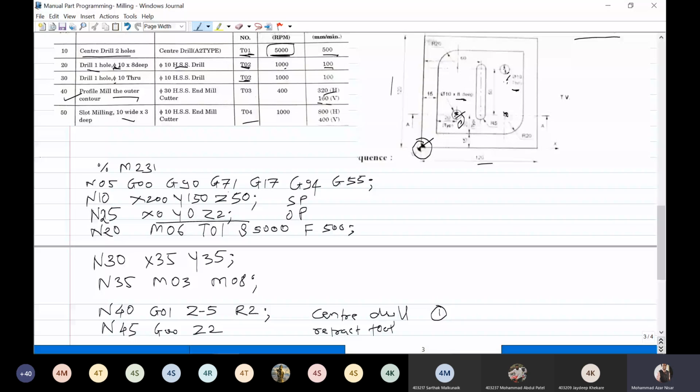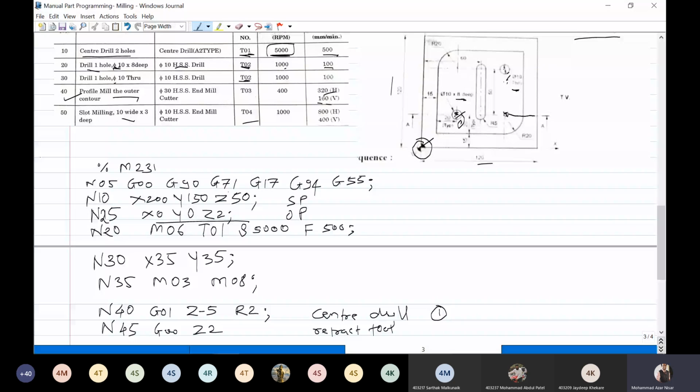Now we have to check the X direction, that is 50 plus this 20. It is 15 plus this 20, so it is also 35.